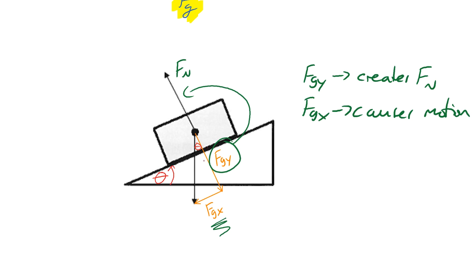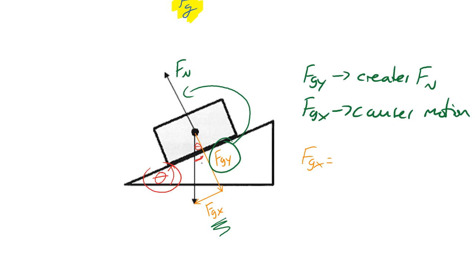So if we look at how to calculate the FGX and the FGY, it's actually pretty simple. If we want to calculate FGX, we're just going to take the force of gravity and then use trig to solve for it. Now we have to be careful because we're not using the angle in the ramp, we're using the angle in the actual FG triangle.